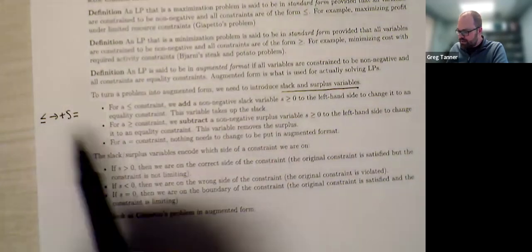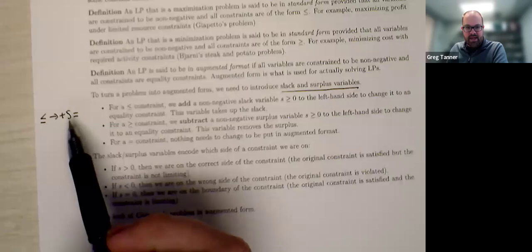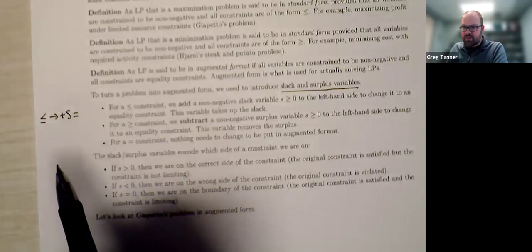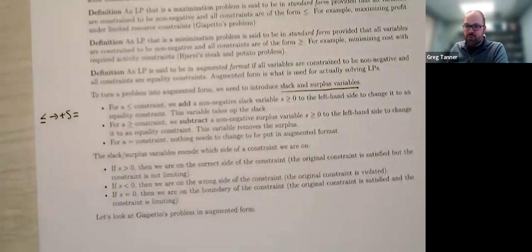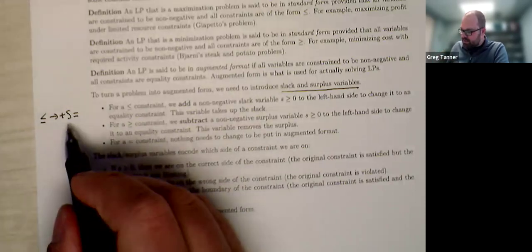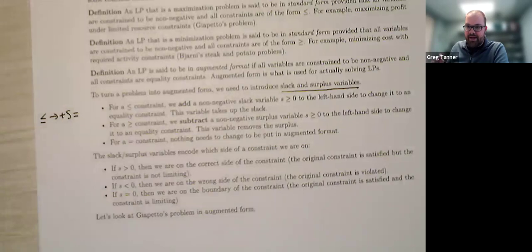This variable essentially takes up the slack in our constraint, because if we're strictly less than the bound, then we have some slack, some extra room, and this variable s is going to take up all that extra room in order to make the inequality into an equality.